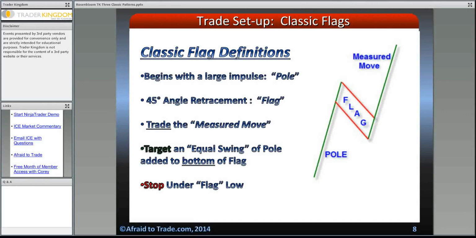But what we do from this point, from a trading standpoint, is project. We trade what's called, in our trading terminology, a measured move. It's basically taking this pole, let me draw it, copy and pasting it, or drawing it by hand, or whatever the case may be, from the bottom to this.